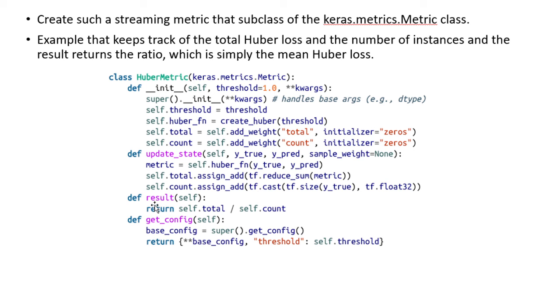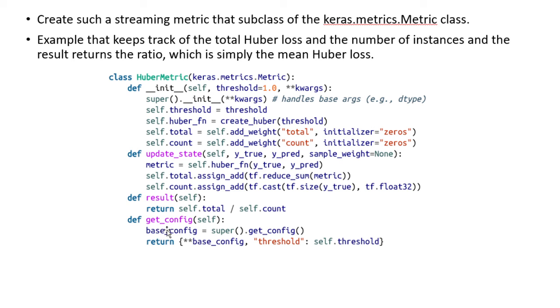So update state is calculating the metric, that is total and count. And then we are going to call the result. This result returns total divided by count. When we call the result, the update state is automatically invoked to calculate the total and count, and result will return you the total divided by count.